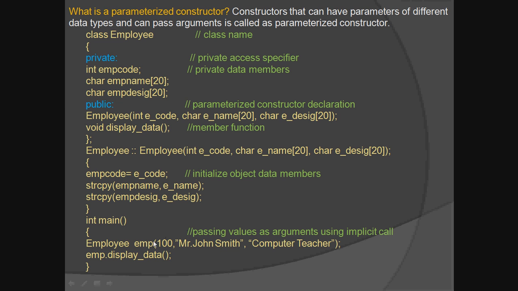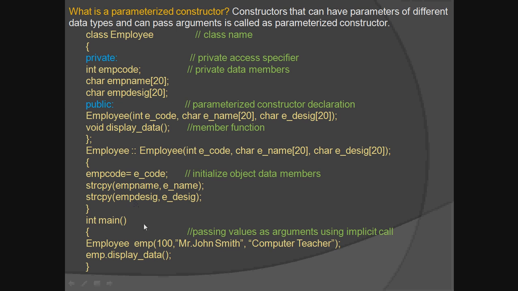These values will be passed to these parameters: e code, e name, and e designation. The value stored in e code will be passed to the member of the class, that is employee code. Using the string copy function, the ename data values will be passed to emb name, and e designation data values will be passed to emb designation.